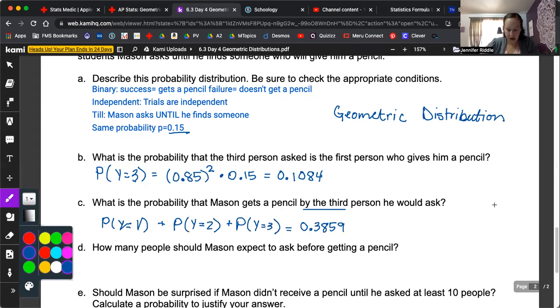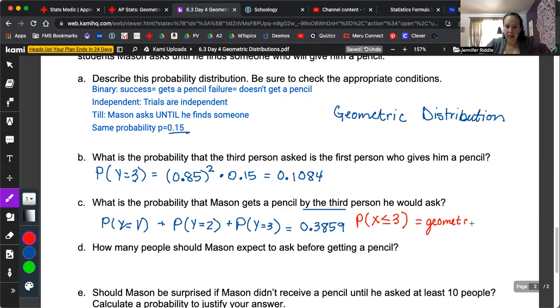I could write this in a different way: what I'm really asking is the probability that x is less than or equal to some number, in our case 3. I can find this by going into my calculator and doing the geometric CDF for my probability 0.15 and my X value of 3, or my Y value of 3. So this would be the function that I'd use to get this number.